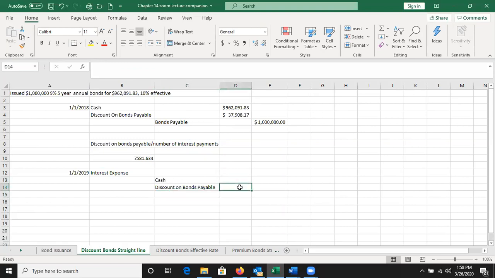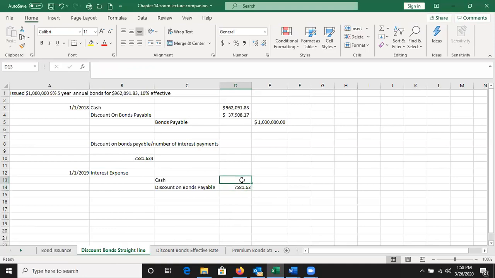So discount on bonds payable is this figure, what we calculated. Under the straight line method, think of straight line depreciation. Straight line depreciation never changes year to year. The formula, you do it at first and nothing changes. Discount on bonds payable, they will never change because we're using straight line, okay? We're doing it evenly, the same amount every time we pay interest.